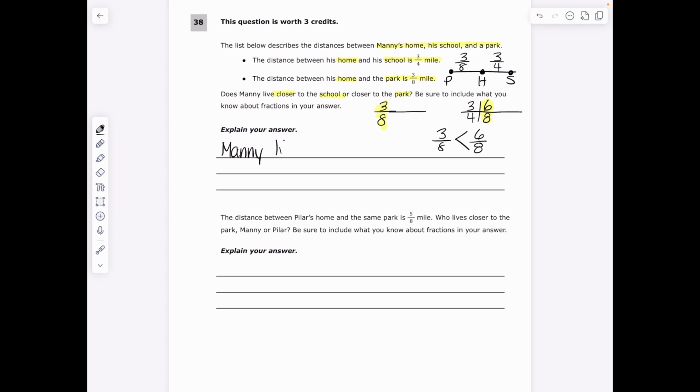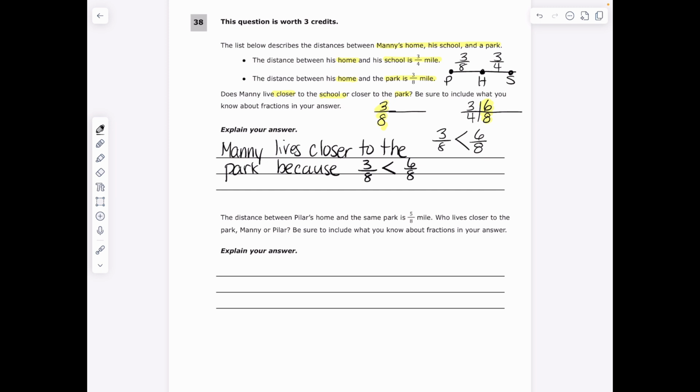Manny lives closer to the park because 3/8 is smaller than 3/4. Actually, I want to put instead of 3/4, I'm going to put the 6/8.